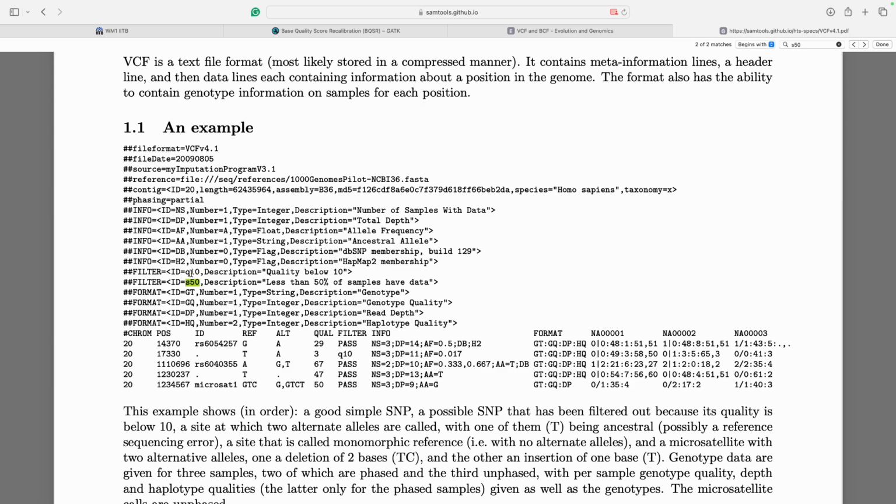Let's suppose we have the quality Q10 for a particular variant, and it is also given S50 for the same variant. So we say that this variant having that quality is covered by less than 50% of the samples that are present there.